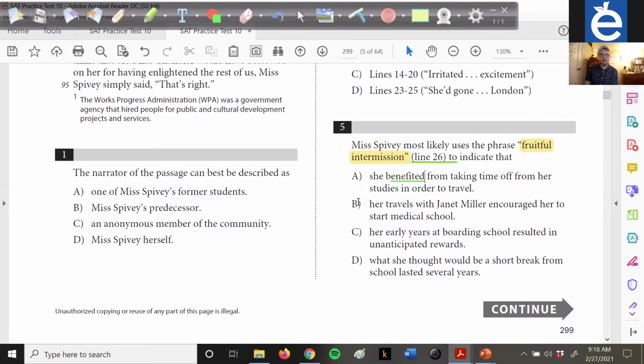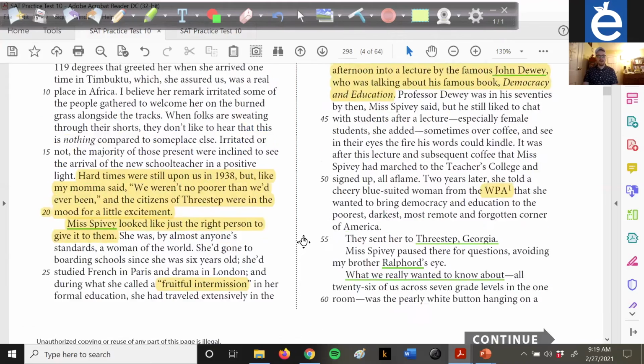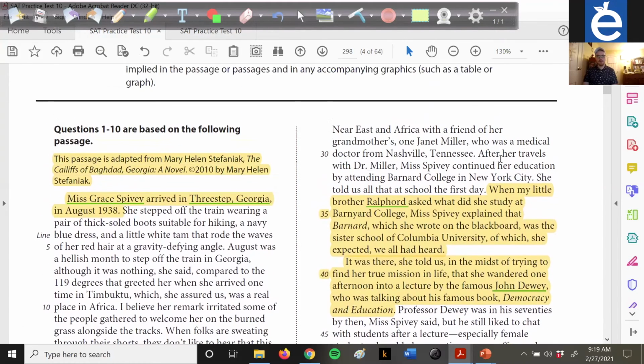B, her travels with Janet Miller encouraged her to start medical school. I don't see that. C, her early years at boarding school resulted in unanticipated results. Well, no, boarding school would be formal education, right? D, what she thought would be a short break from school lasted several years. Well, fruitful doesn't necessarily mean long. And if she traveled extensively, yeah, it doesn't really say how long this intermission was.